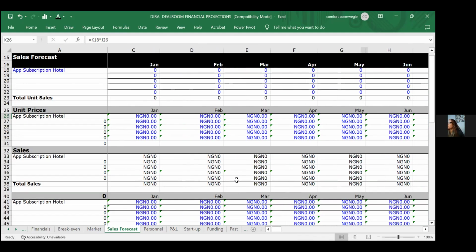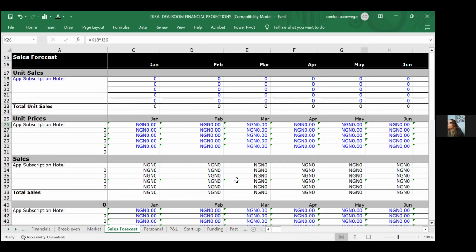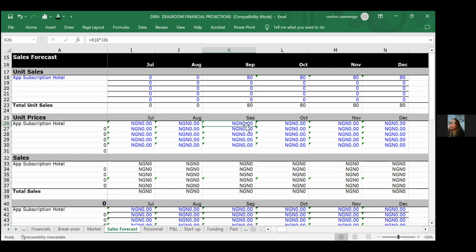I'll sit and see why this Excel is behaving this way. Please, Faith, can you help me call up DIRA Cohort 1, the Excel that we used? Are we still using the same one? I don't know why I'm having challenges with this one. Please let me call up the one. It's supposed to be the same Excel.